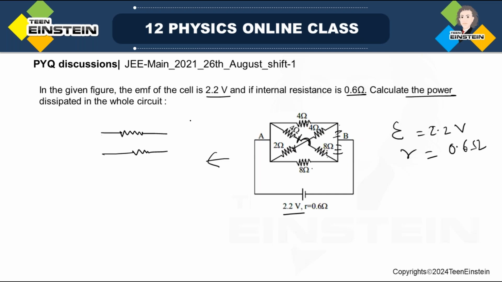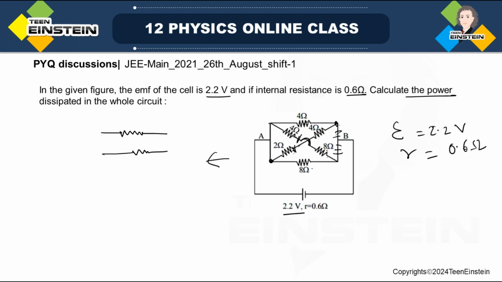You might be thinking how. I'll just tell you how it is. See, this 4 with this 12, this is parallel, right? And see, this end and this end are connected.